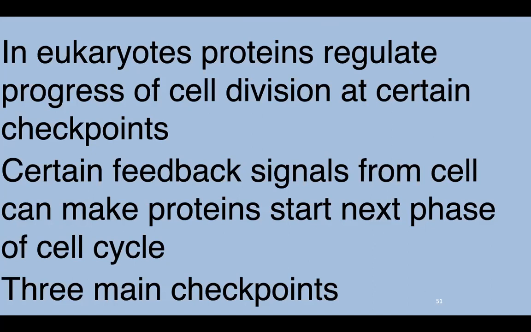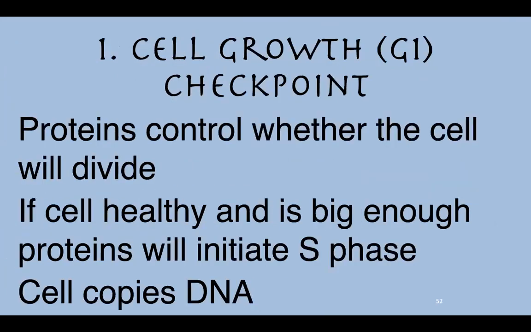Okay, there are feedback signals from the cell that can make the proteins start the next phase after it passes that checkpoint. So the first checkpoint occurs after G1.